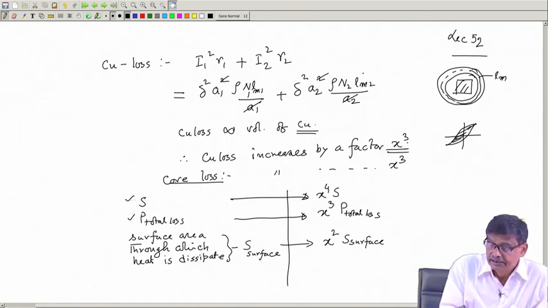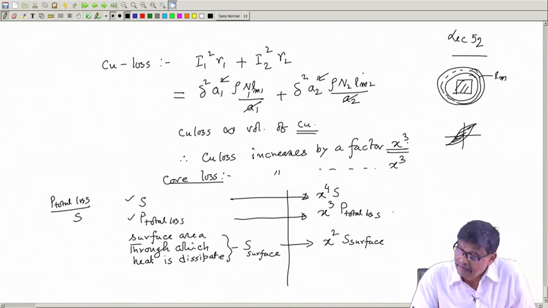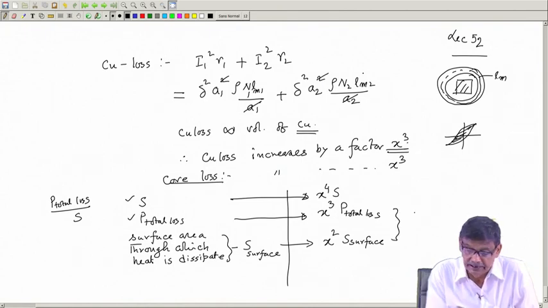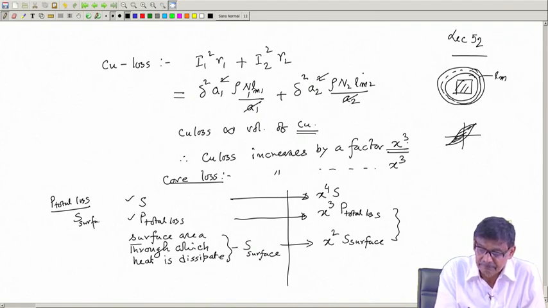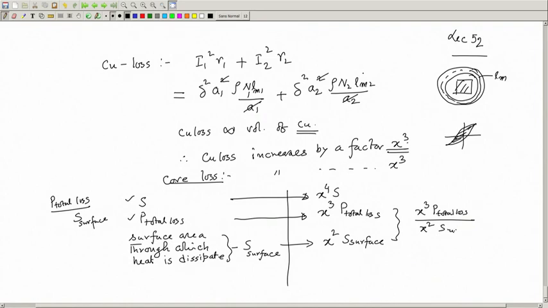So, here in this case, P total loss divided by S surface, this ratio, and here the same ratio is P total loss by x square S surface. Got the point? And this becomes x.